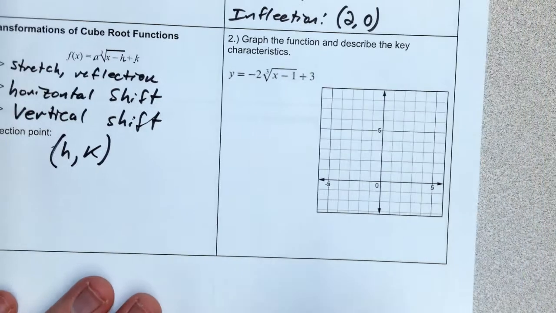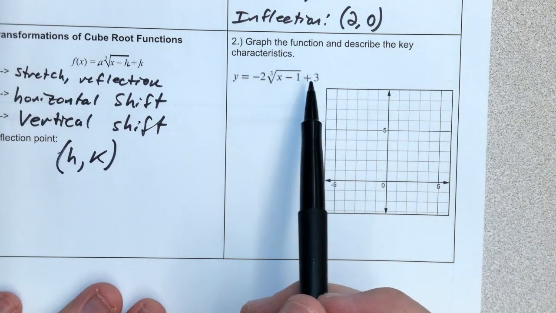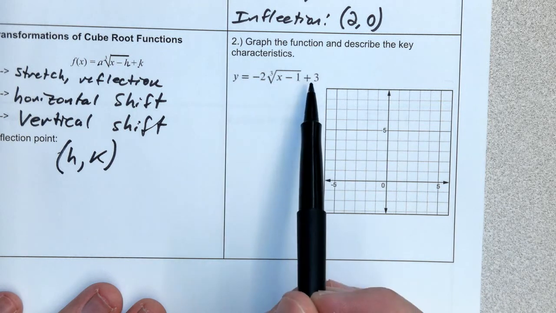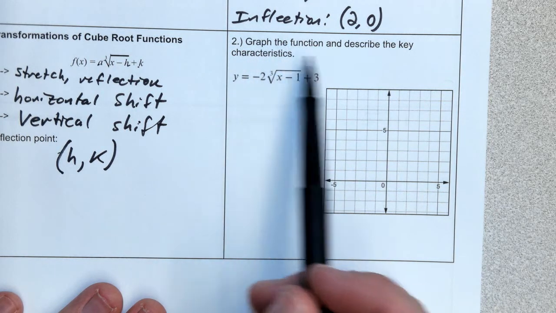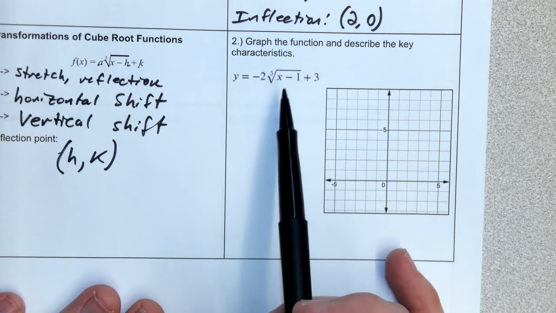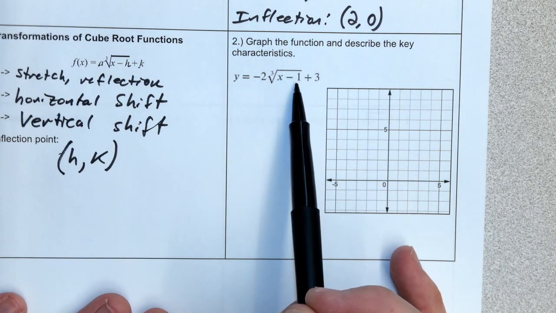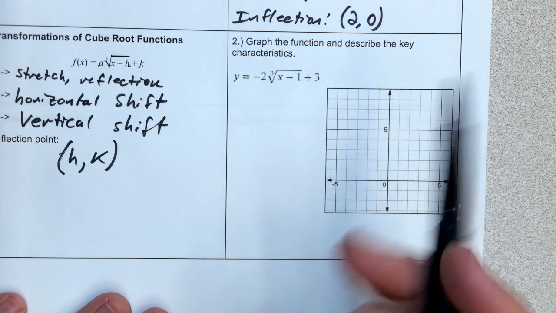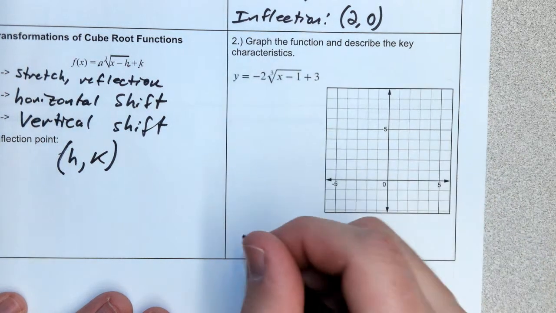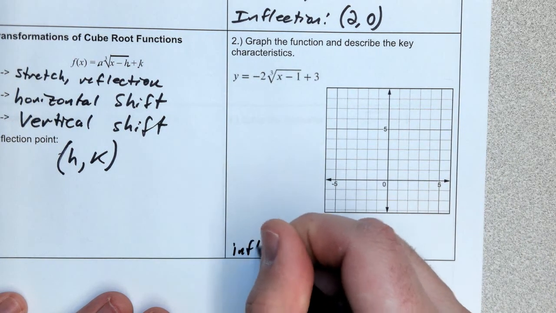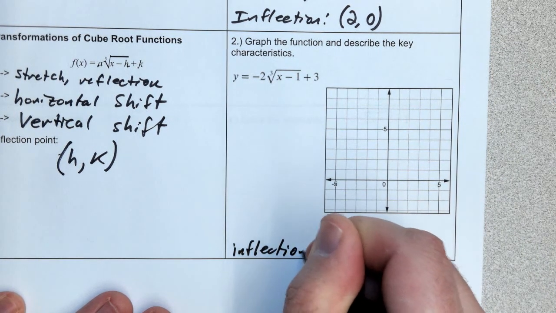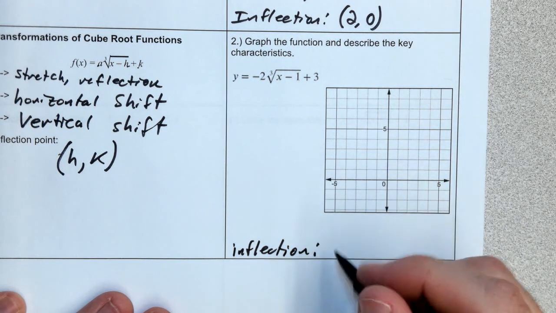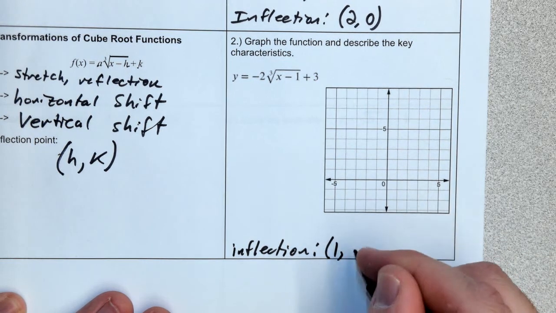So based on this curve then, we can get a little bit of information from the function, right? Our goal here is to graph the function, describe the key characteristics, and we'll do that in a second. But just by looking at this, I can see that h is 1 and k is 3. So that means that my inflection point is going to be 1, comma 3.